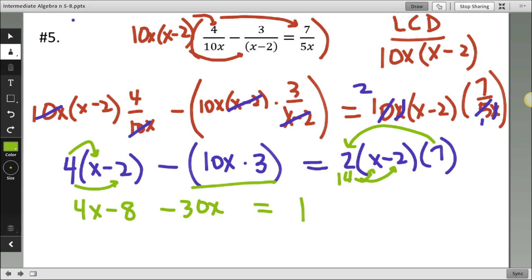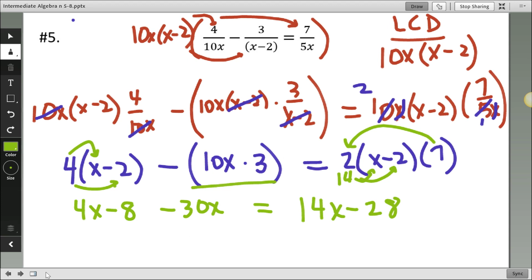So that's going to give me 14x minus 28. So at this point, I've got a multi-step problem. I've got 4x minus 8 minus 30x equals 14x minus 28.